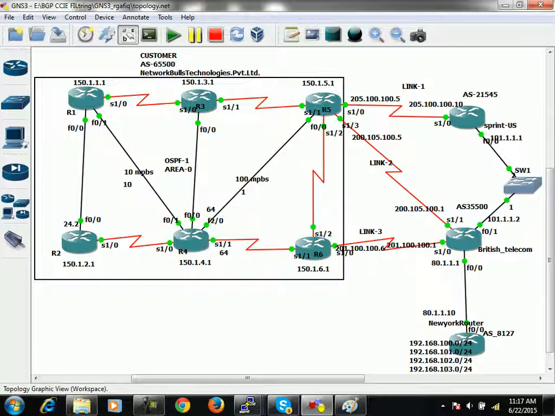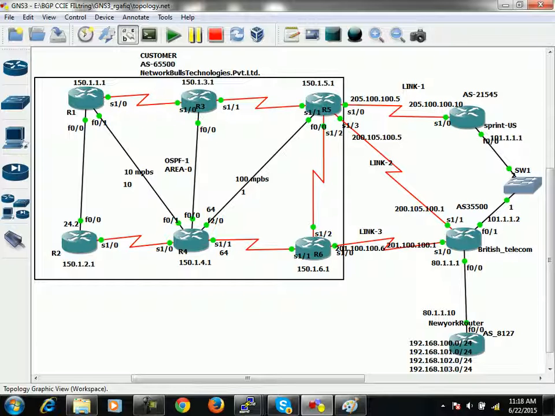So whenever from R6 you try to reach the internet, your traffic will go directly in the direction of R5. It will never go via R1. This is the advantage of BGP not modifying the next hop address for its IBGP neighbor. Have you understood it or not?